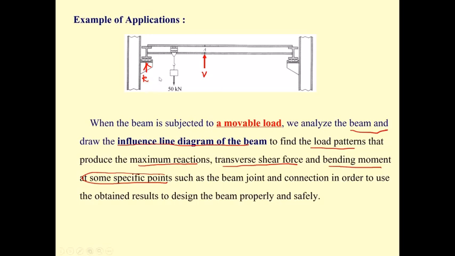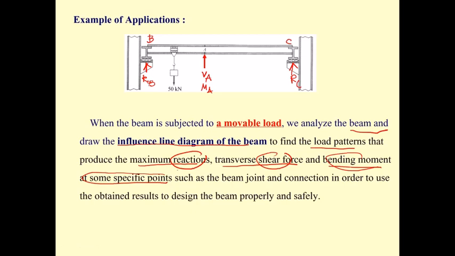Let's say this one is R sub B. Or this one is going to be V sub A, M sub A. If this point is C, you will find R sub C. How do we put the loading to get the maximum reaction, maximum shear force, maximum bending moment?